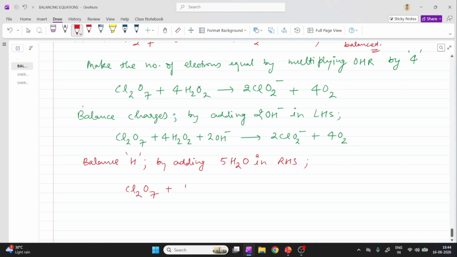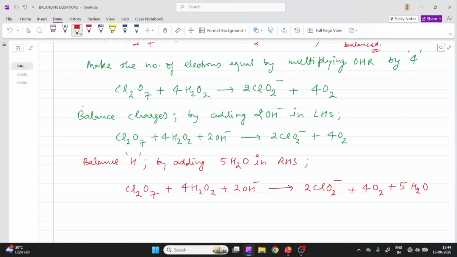So this will be Cl2O7 plus 4H2O2 plus 2OH minus, and this gives 2ClO2 minus plus 4O2 plus 5H2O. So now hydrogen is balanced. Just calculate oxygen.